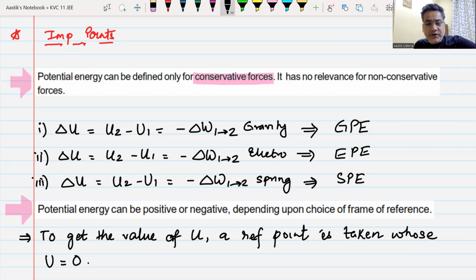Without taking this reference point, you cannot find out the potential energy of any other object, any other point. So we need a reference point to find out the energies, and depending on this reference point, potential energy can be positive or negative.